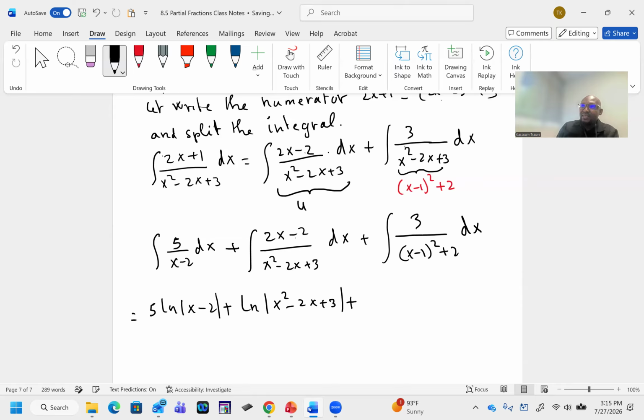Plus, now we can take the 3 out. This is the inverse trigonometric, you look at the table, that will give me 3 divided by square root of 2, because a is square root of 2 in this case, tangent inverse of x minus 1 divided by square root of 2, and then plus c.